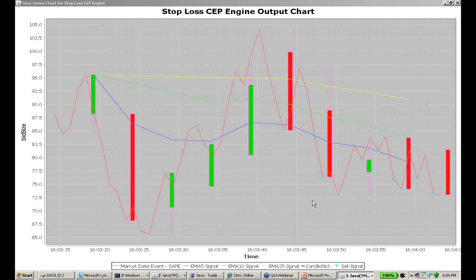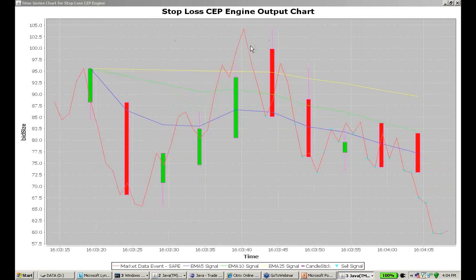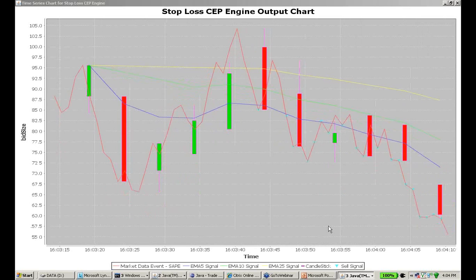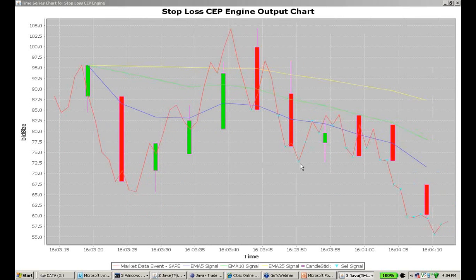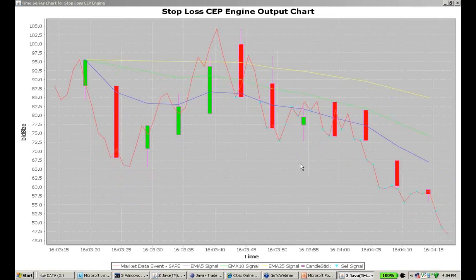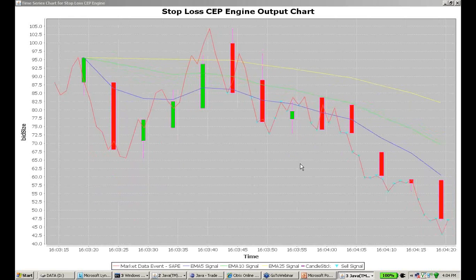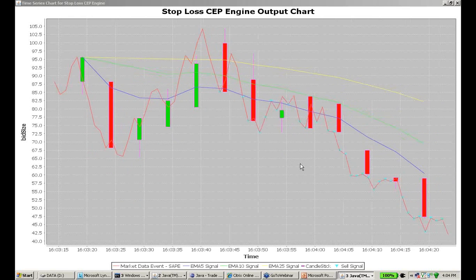Now if you look, whenever our market is falling below the 3 moving averages, a sell signal is being generated. I have marked it with the sky blue triangle. At every data point where you see these marks coming up, these are the sell signals.